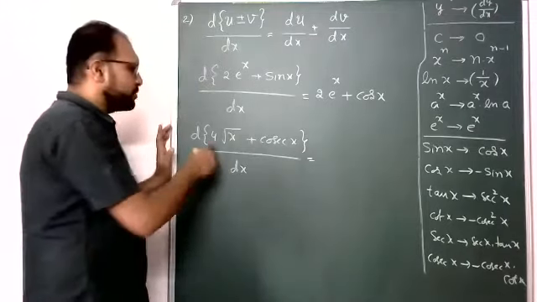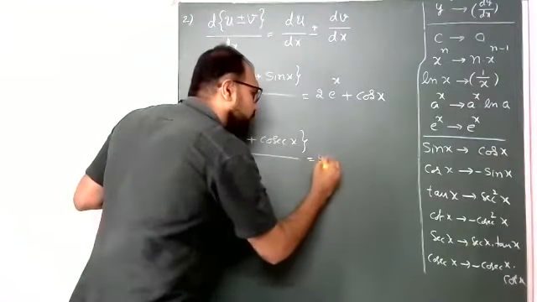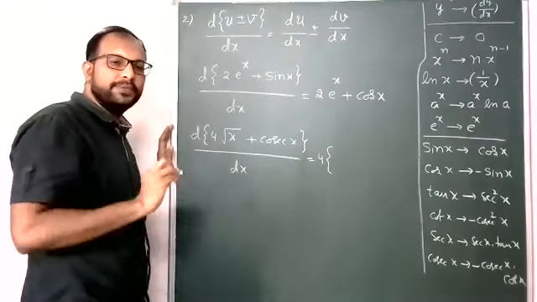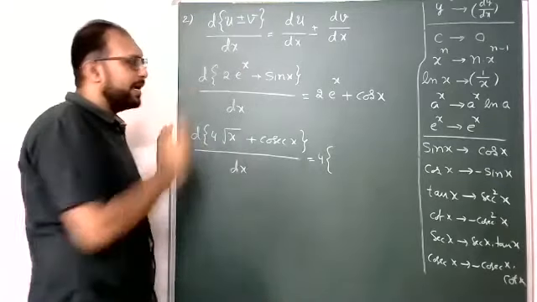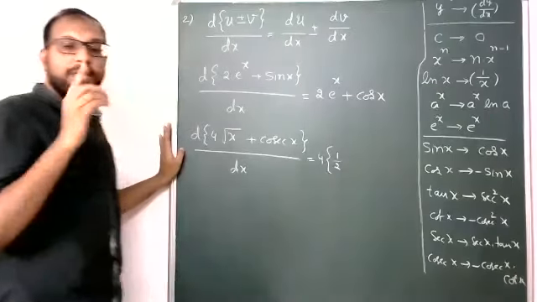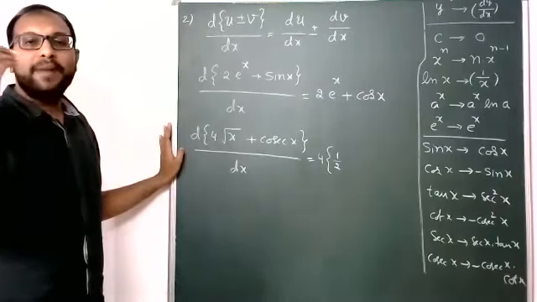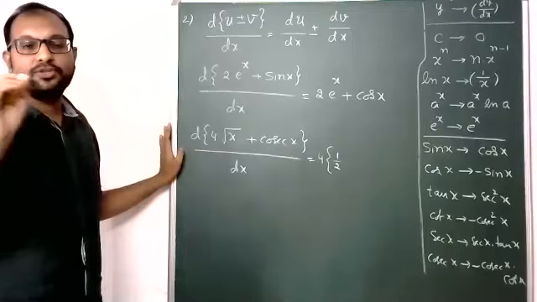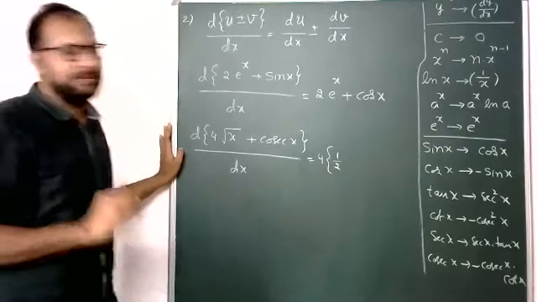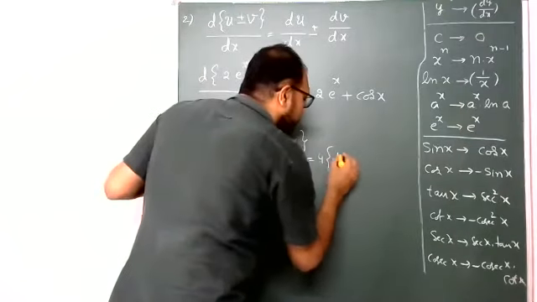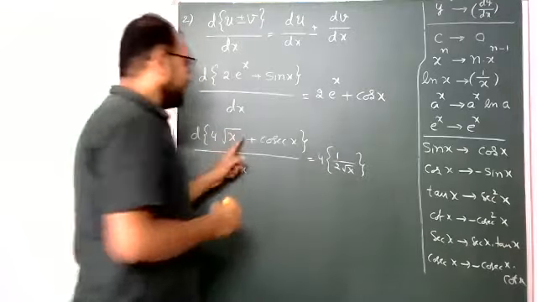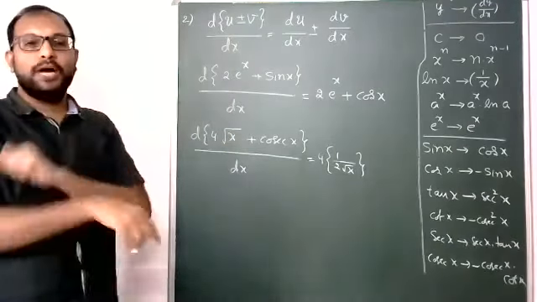The first one, 4 root x, is x to the power of 1 by 2, so n is 1 by 2, and x to the power of 1 by 2 minus 1 means x to the power of minus 1 by 2, which is nothing but 1 by root x. So now it is 1 by 2 root x. The first function is completed.